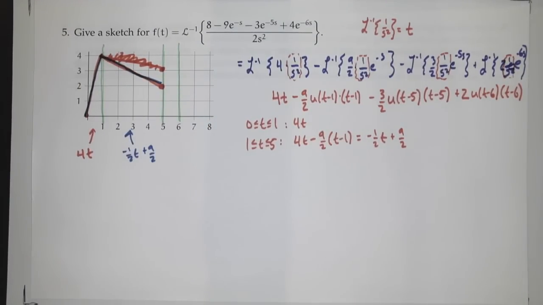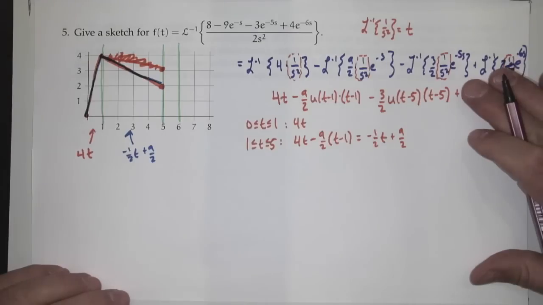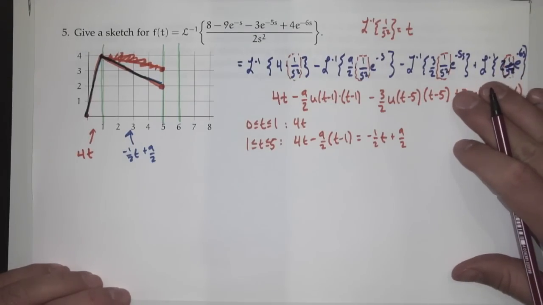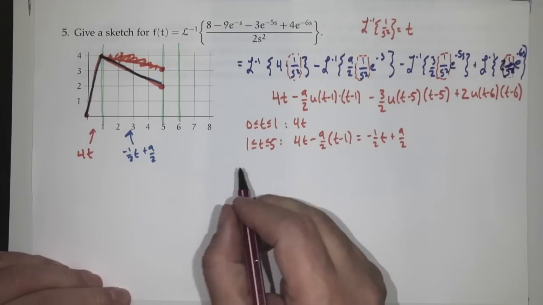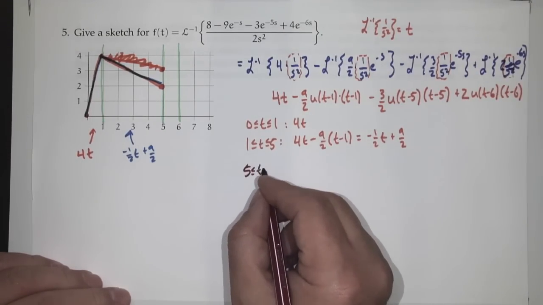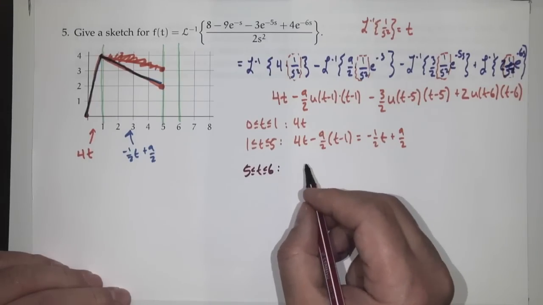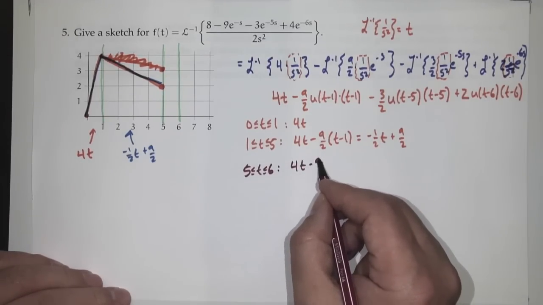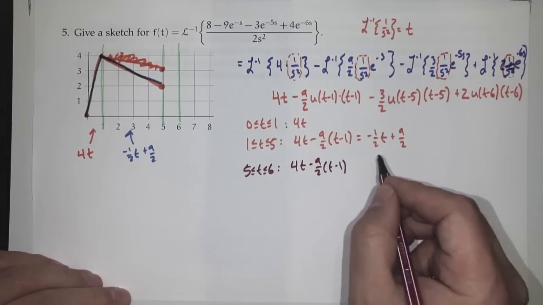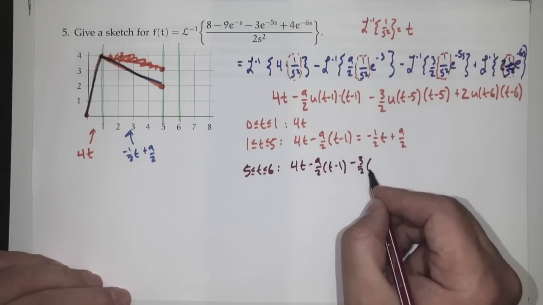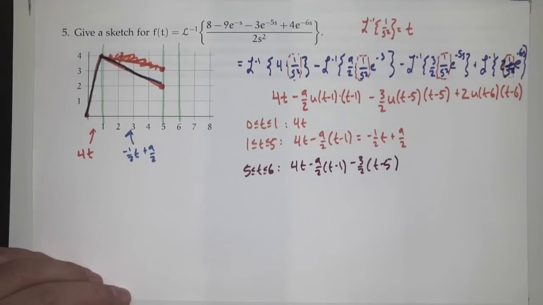All right, now we go to our next switch. That says we haven't turned on the 6, we have turned on the 5. So 5 to 6. We still have the 4t. We still have the minus 9/2 times t minus 1. Now we have a minus 3/2 times t minus 5.